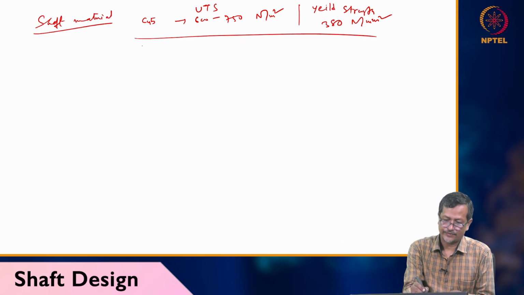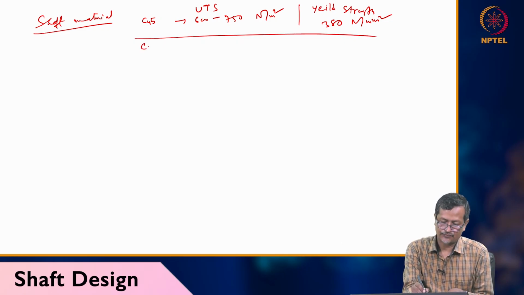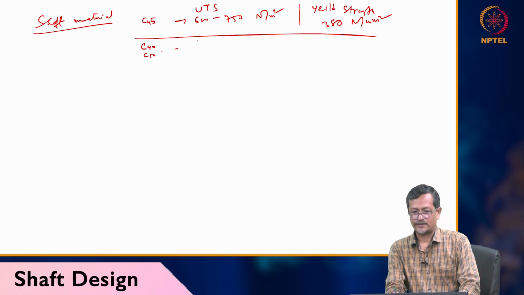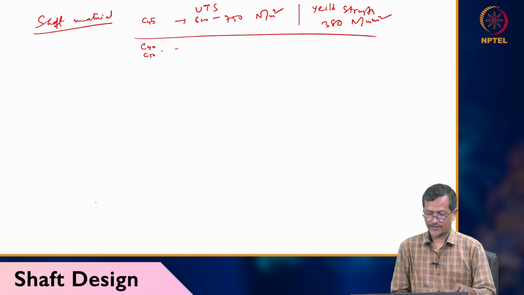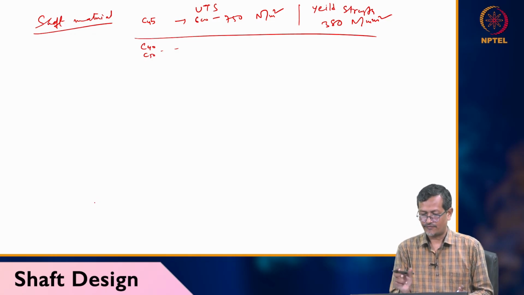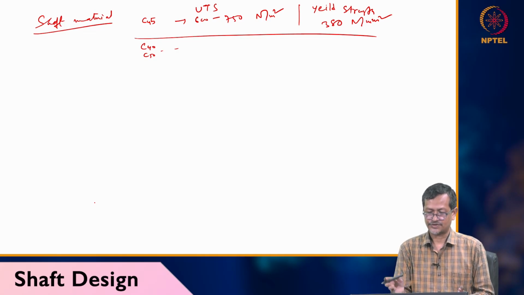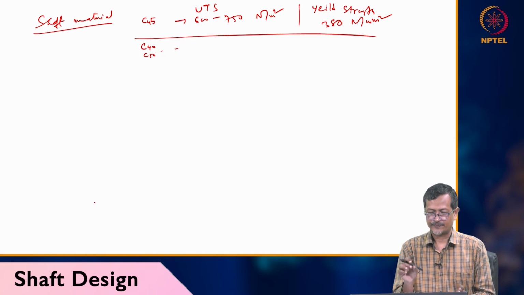Similarly we have other materials, C40, C50, etc. If I give any problem, normally I'll give the values, so you don't have to remember, but you should have a rough idea what the values should be. In the exam, if something goes wrong in writing digits or putting a point or zeros, you should have some idea that it may be out of range of the values.